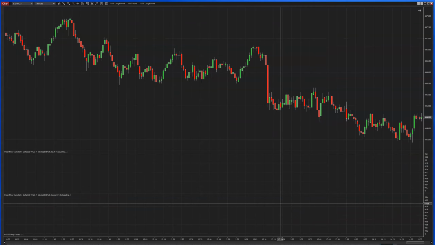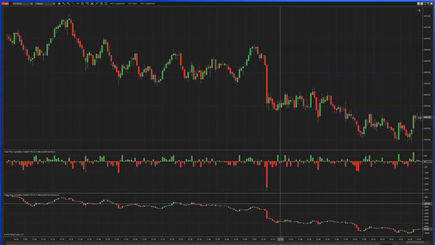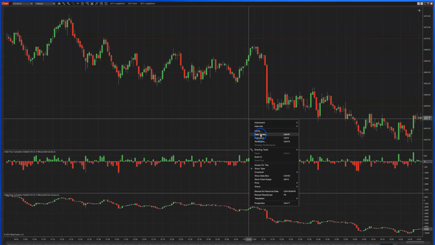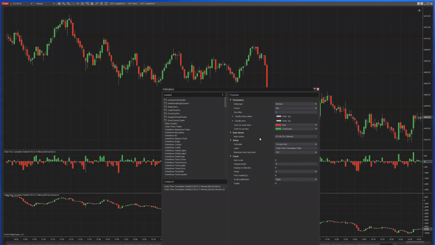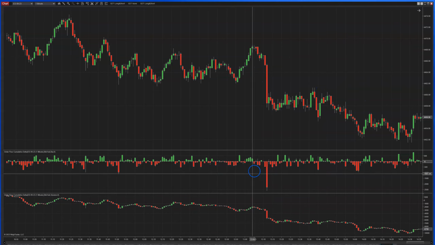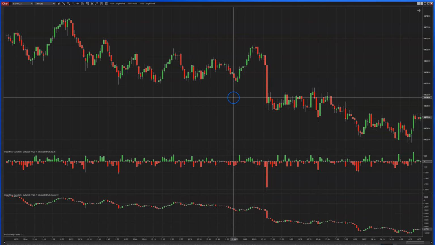And again, it's a simple thing. Sometimes people are a little confused, thinking I can only have one or the other. No, you can have two. When you add it under the indicator settings, just make sure of the panel, because now it says 2 and 3. The main chart up here is panel 1, this is panel 2, this is panel 3.